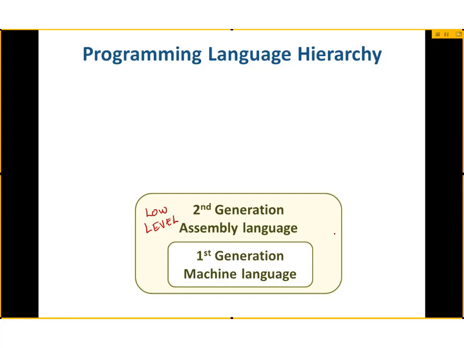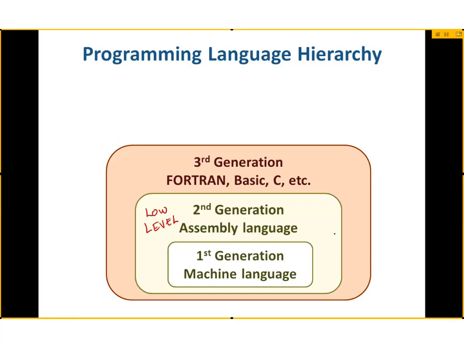Whereas we'd like to be a little more efficient in our programming, we can move to a higher level programming language. And so the third generation programming languages that came after this were things like Fortran, BASIC, C, and so forth and so on. And these allowed programmers, with much fewer sets of commands, to invoke more complicated actions.